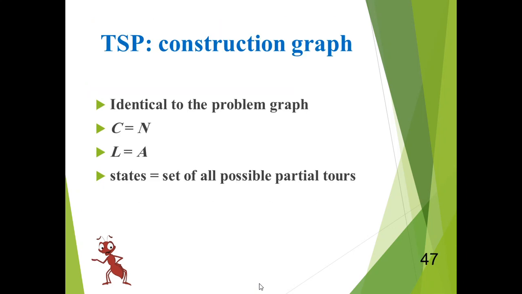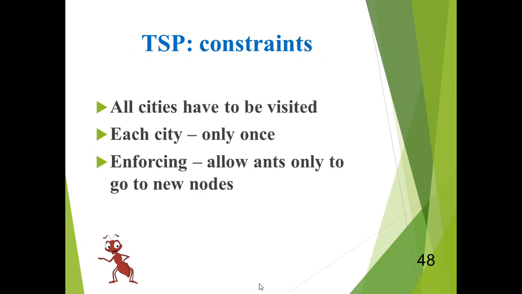TSP construction graph is identical to the problem graph. C is equal to the N cities, and the set of all possible partial tours. Constraint: all cities have to be visited.